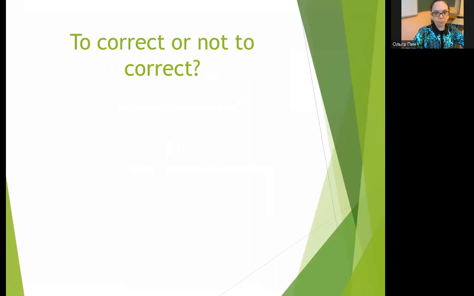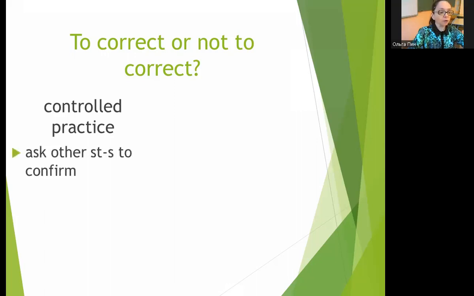And the last question I'd like to consider, speaking of grammar: to correct or not to correct. Most teachers are used to correcting every single grammatical mistake every time they hear it. But that's not always the right thing to do. The question you have to ask yourself is, what type of exercise is your student doing right now? If it is controlled practice, then instant correction is okay.